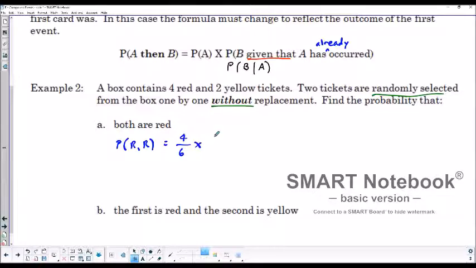And then if we pull out a second ticket, there are only 3 red tickets remaining, and only 5 tickets remaining total, because we already took one of the 6 out. Then we multiply straight across, and we get 12/30, which simplifies down to 2/5.